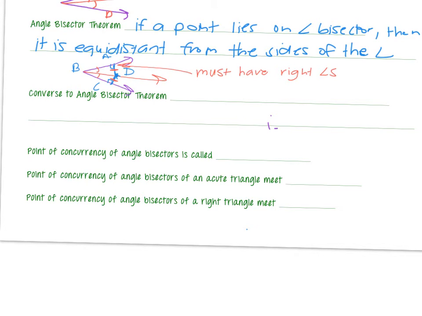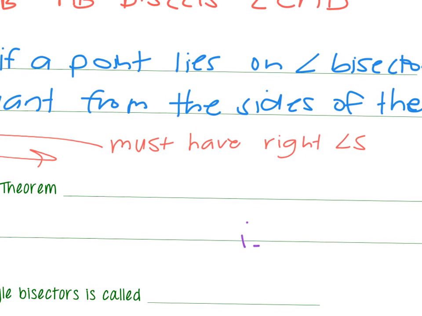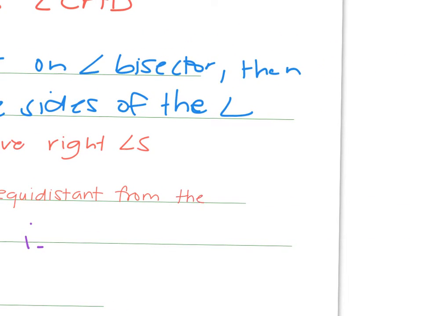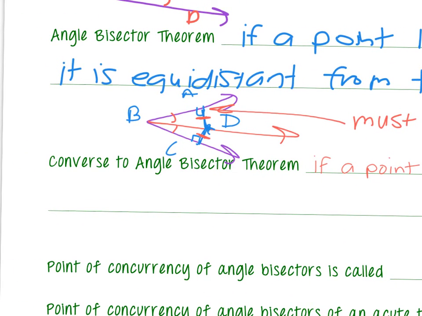What does the converse say? Perfect. If a point is equidistant from the sides of the angle, then it lies on the angle bisector.